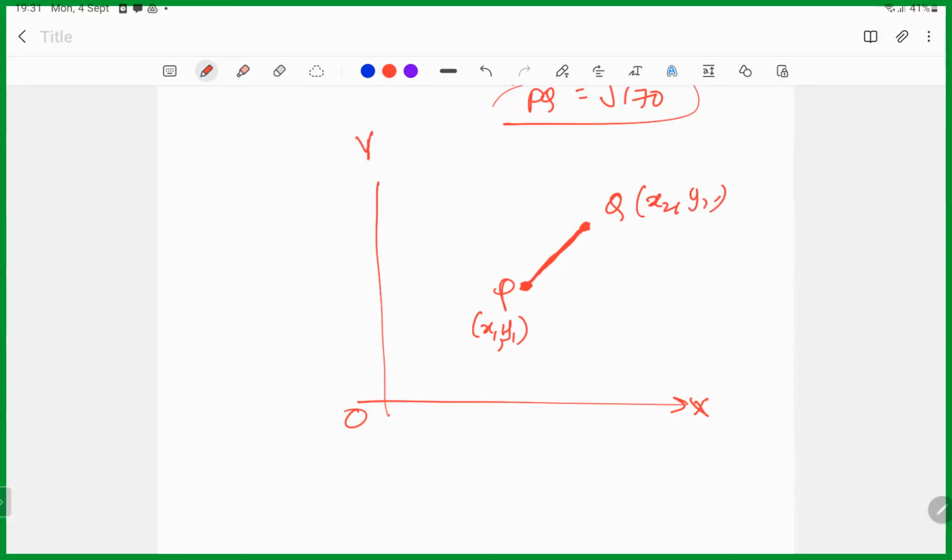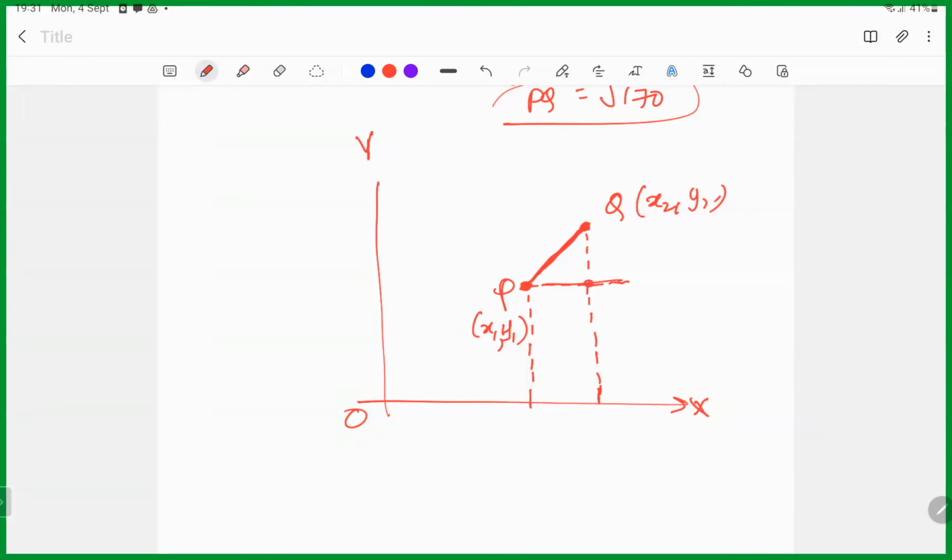Okay, and what you are doing? You are dropping perpendiculars.